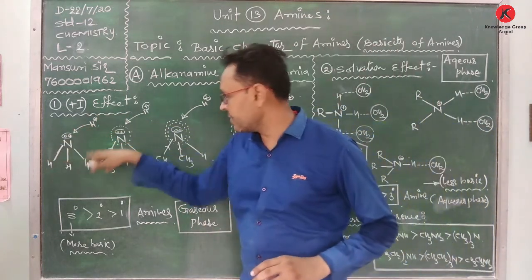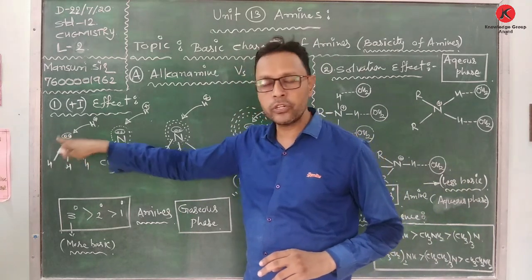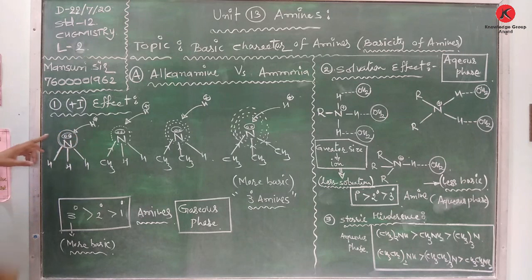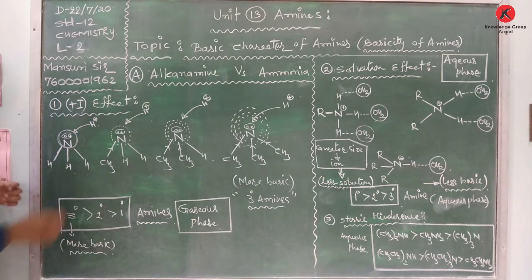Here ammonia is given. Nitrogen has a lone pair of electrons, and due to the lone pair on nitrogen, an H plus proton will be attracted. That means protonation will occur, so ammonia is basic in nature.